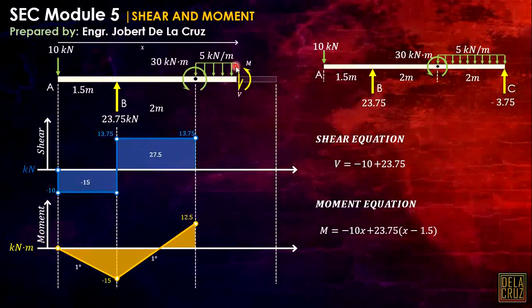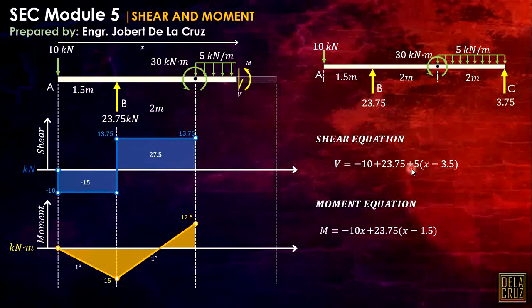So, included na yung uniformly distributive load natin. Okay? Now, for this shear, walang effect yung moment natin dito sa shear diagram. Okay? So, in this case, we will be adding... I think this should be minus, no?